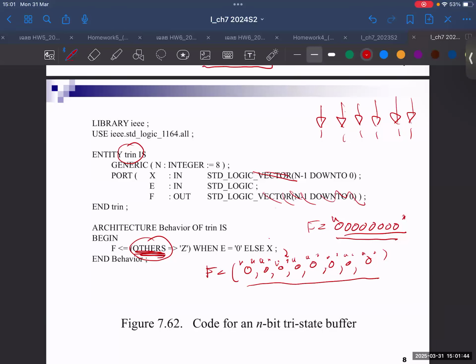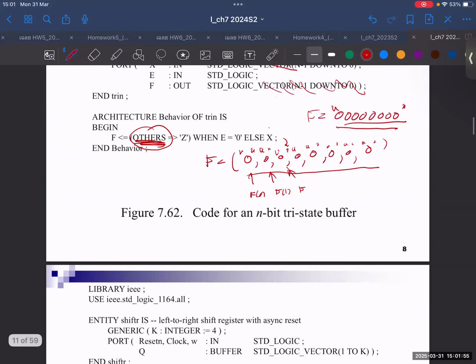This is like a word of strings, but this is written out as what you call an array. So this is position number 1. This is F0, this is F1, F2. Oh, sorry, this is down to, so down to will be 7. This is 0, 1, 2, and so on to F7. I'm not sure though.